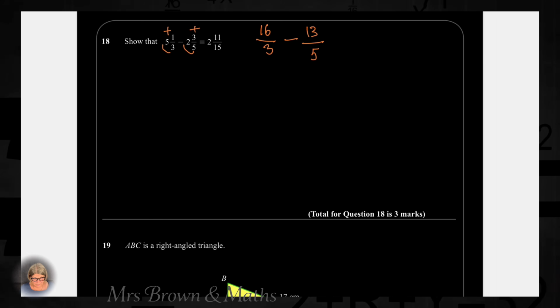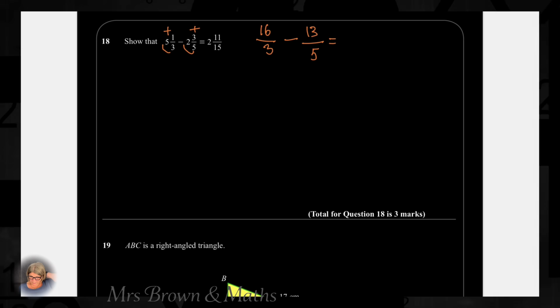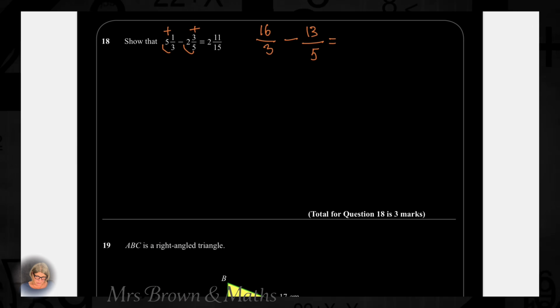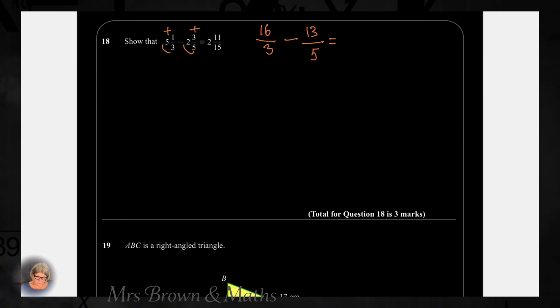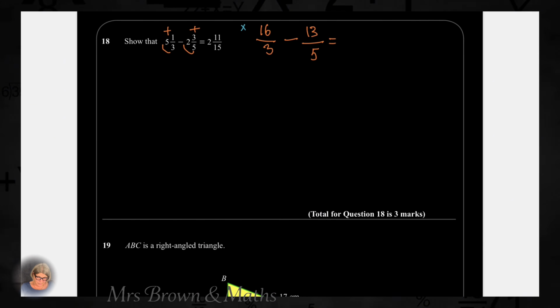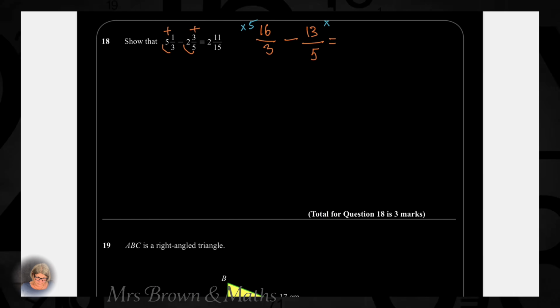Right, well, unfortunately we cannot add or subtract fractions with different denominators. So the lowest common multiple will be 15. It means for this fraction I'm going to multiply top and bottom by 5, and this one top and bottom by 3.